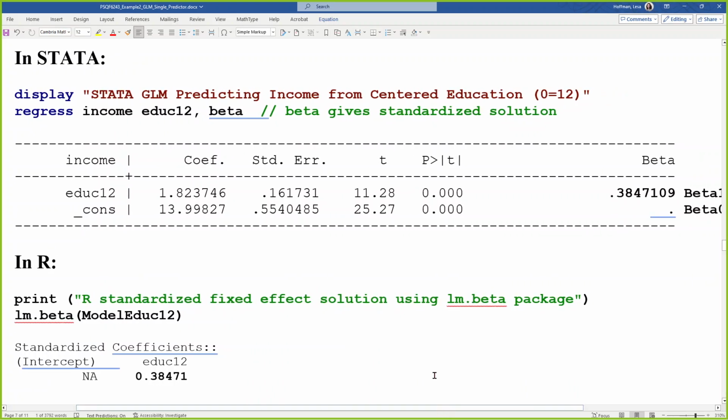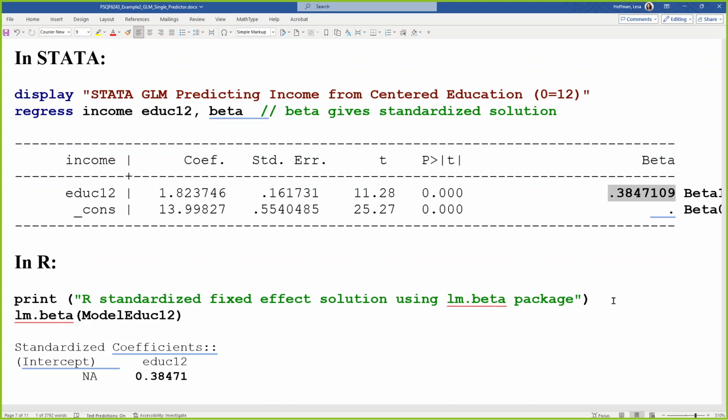Standardized solution. The idea behind a standardized effect, which is like this beta right here, that number, that's a standardized slope. It is the result if you took both variables in the problem, education as the predictor, income as the outcome, and standardize them so that they have means of 0 and standard deviations of 1. That is what's known as a z-score.